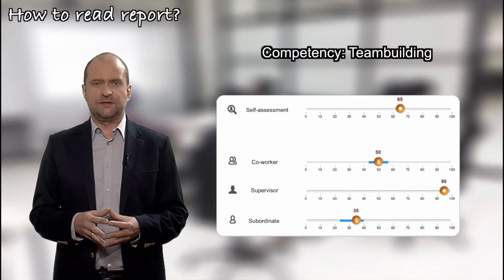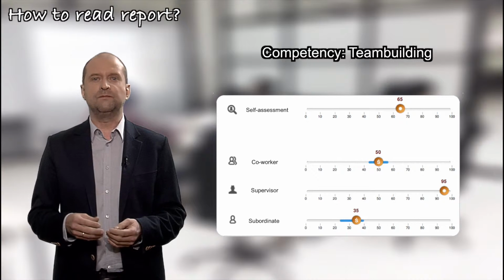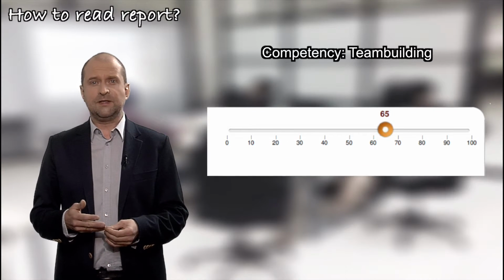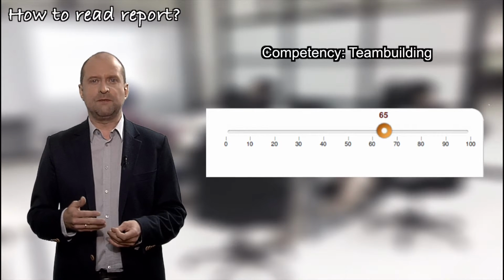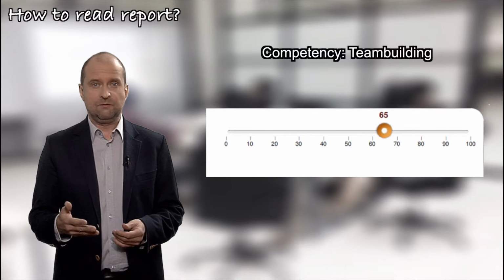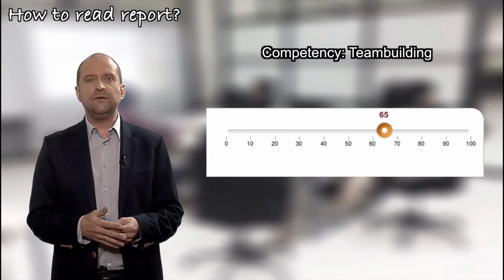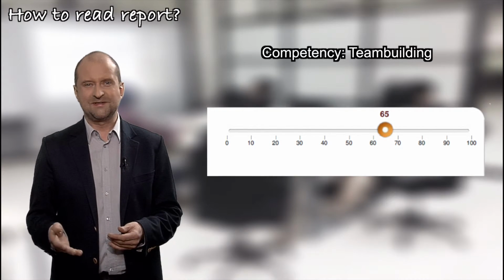Next to the competence, there is a scale of 0 to 100% and a point which indicates the result of the study. You received this percentage by choosing the behaviors, responses, which could be chosen from the descriptions of specific situations.